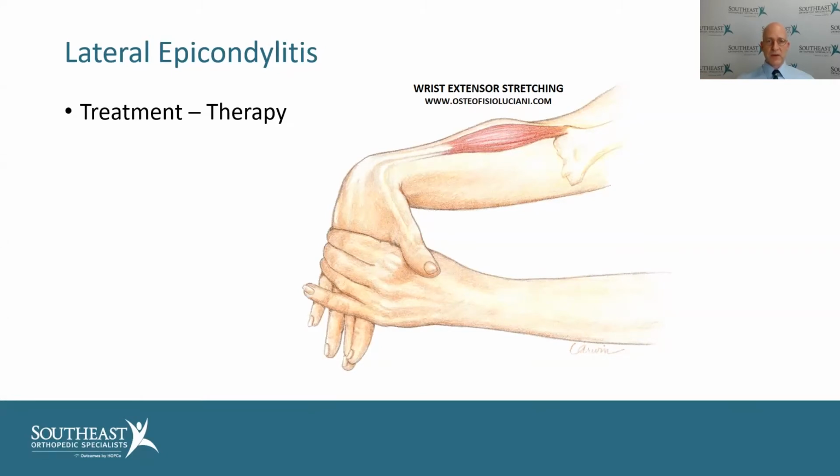But we want to make sure that you're in the hands of somebody that knows how to handle this problem. The treatment is mostly with techniques that increase blood supply to that tendon to increase healing, relieve pain, and then stretching to improve the range of motion of the wrist and allow a healthier tendon and muscle flexibility to try to prevent this from recurring in the future or coming back.